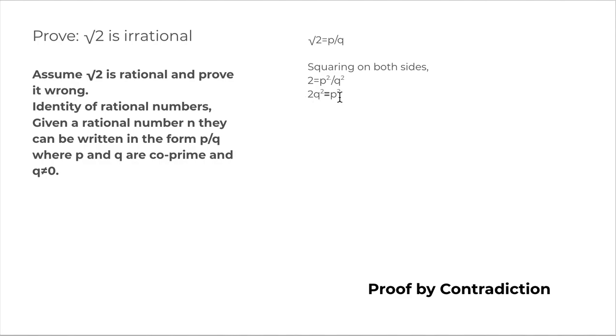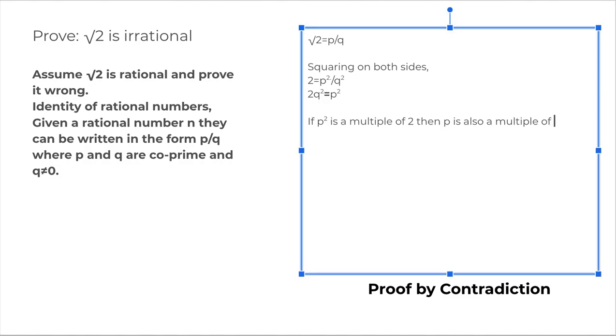Now, 2q square is p square, so p square is a multiple of 2, right? And if p square is a multiple of 2, then p is also a multiple of 2, okay?